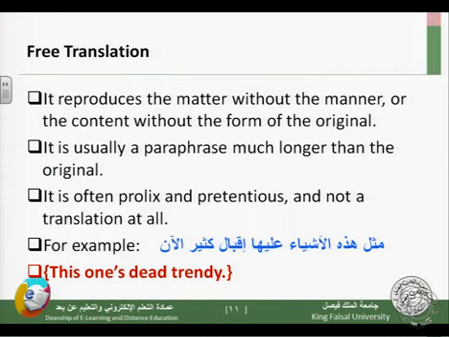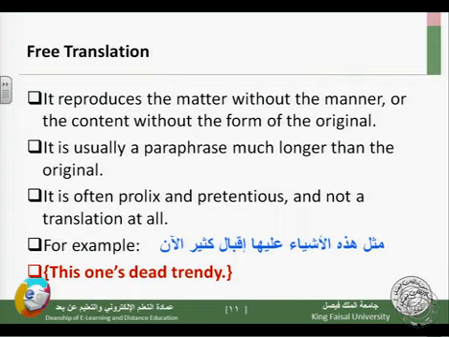مثل هذه الأشياء عليها إقبال كثير الآن. If you say it, "this one is dead trendy." You go into a shop and you say, "This shirt is dead trendy," or "this one is dead trendy." It means fashionable, everybody is buying it, and you know it is good, and so on and so forth. So it has a reputation of being good.